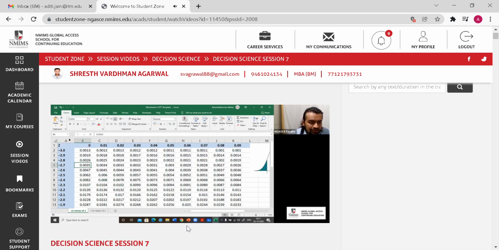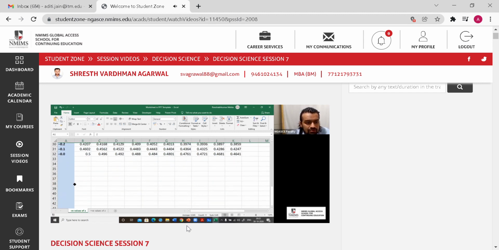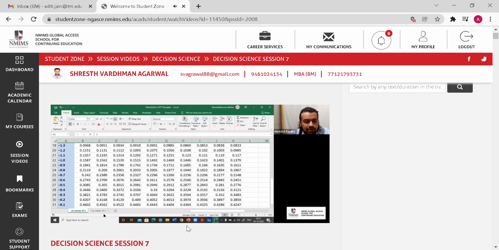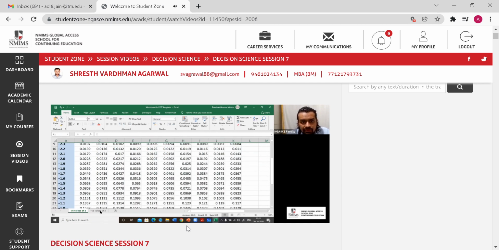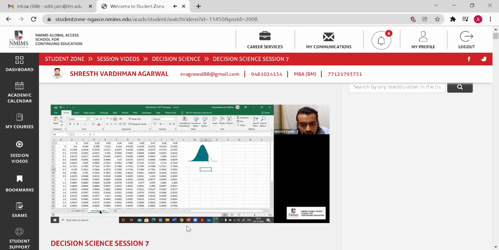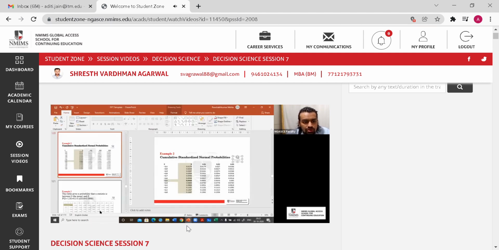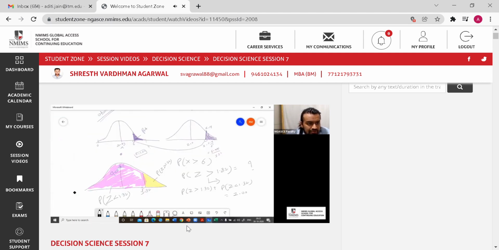Here the Z value with the first decimal place is mentioned, and for the corresponding second decimal place, you have to refer to the columns. But these are the negative values. We are looking for a positive value because in our case, the Z value is positive 1.32. So we need to refer to this.